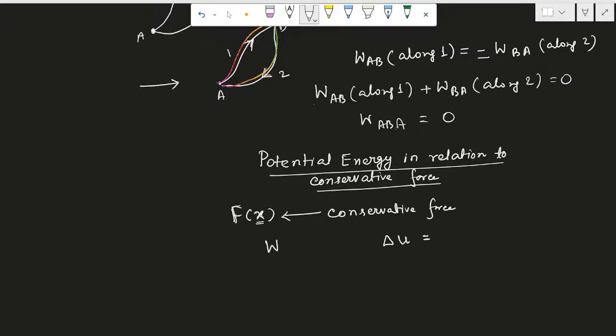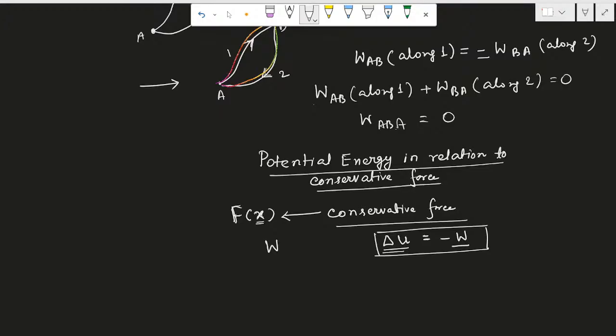When you consider a conservative force, delta U is minus W. Take a note of it. So delta U, the change in potential energy, is equal to negative work done. Now, what happened in this case?